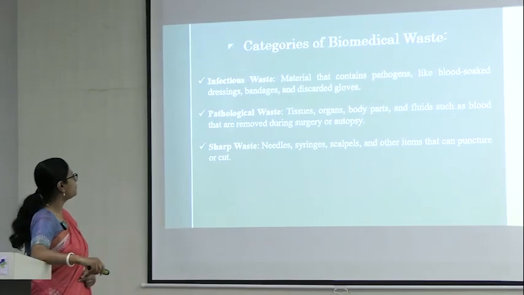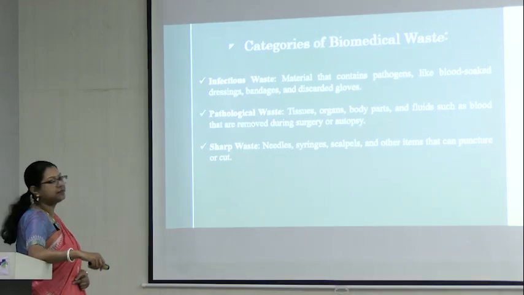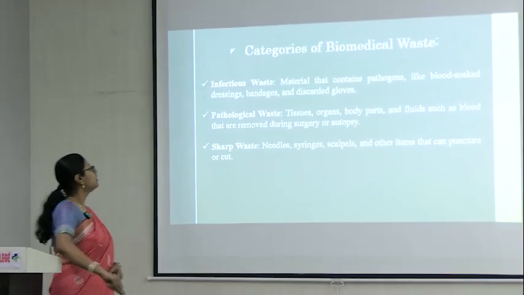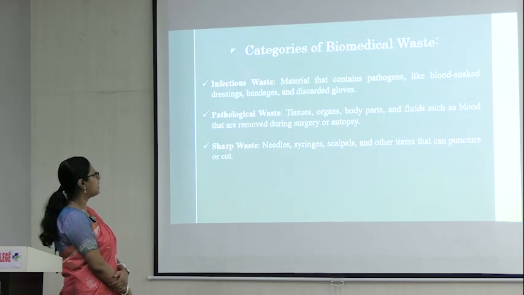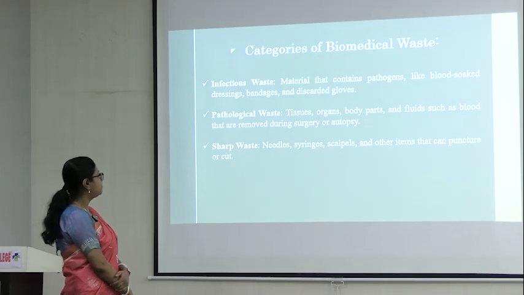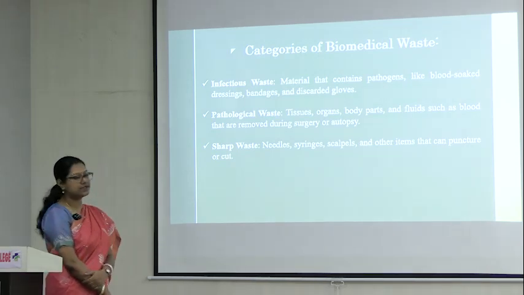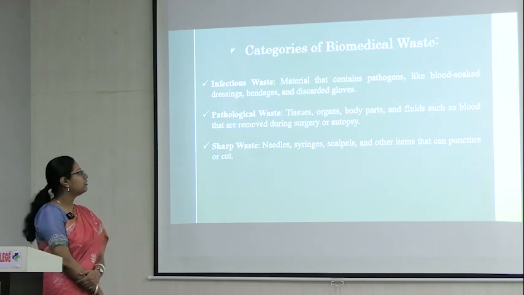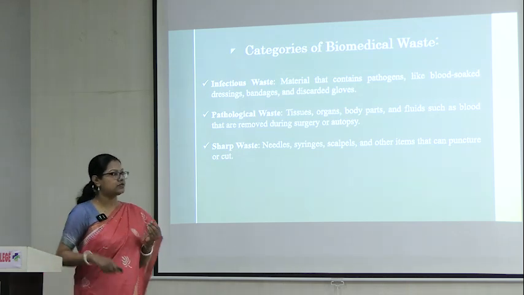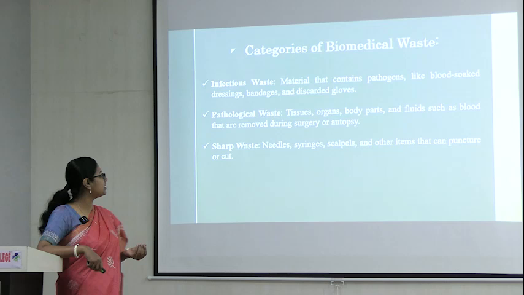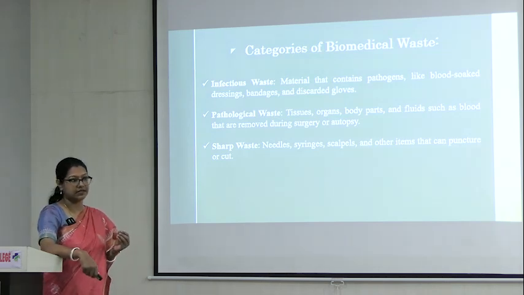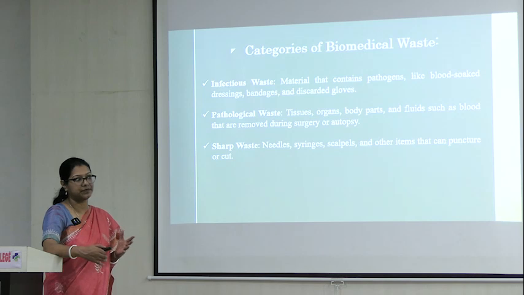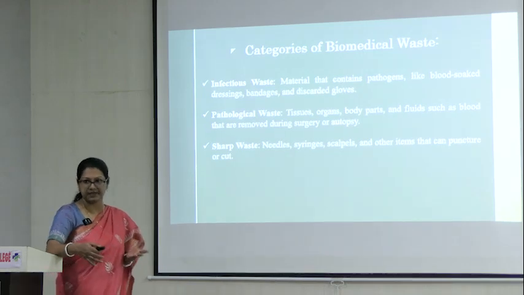Now some categories of biomedical waste. It can be infectious waste, the material that contains pathogens like blood-soaked dressings, bandages and discarded gloves. These blood-soaked dressings, or the bed sheets or the dress that the patient has been wearing, are supposed to be in contact with the patient, and the patient is definitely infected.